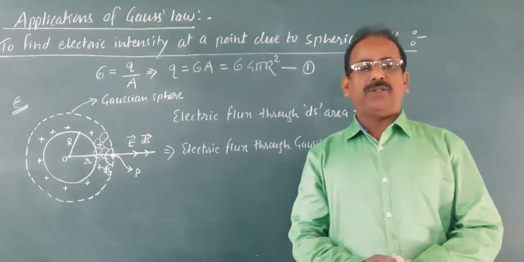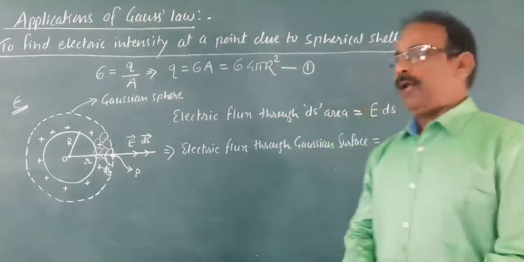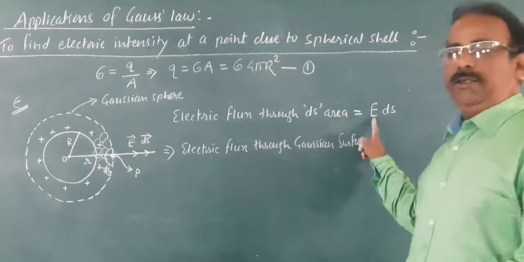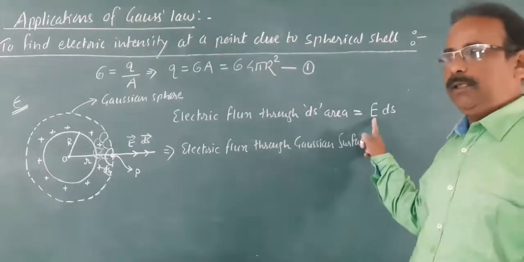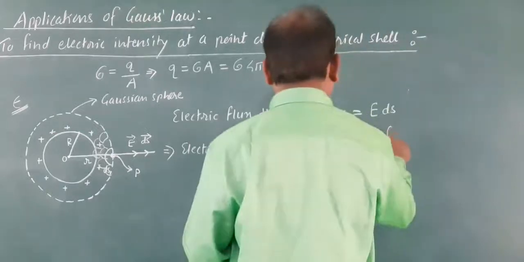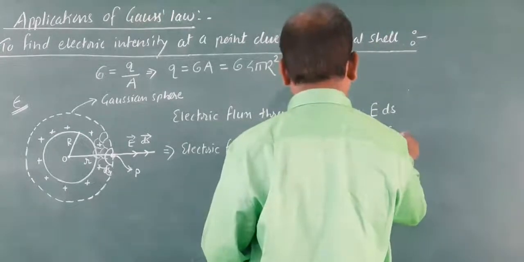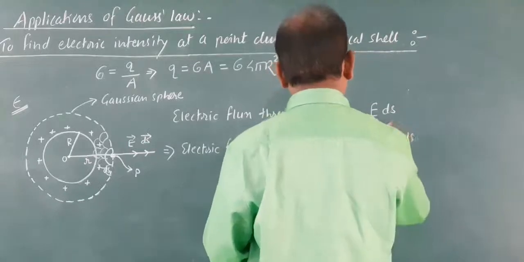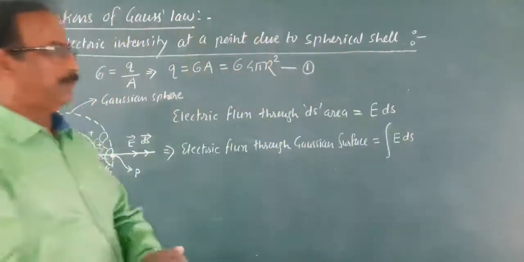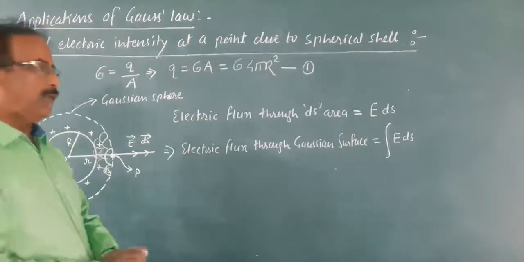This electric flux through Gaussian surface we can calculate by taking integration of this electric flux. Now solve this integration.